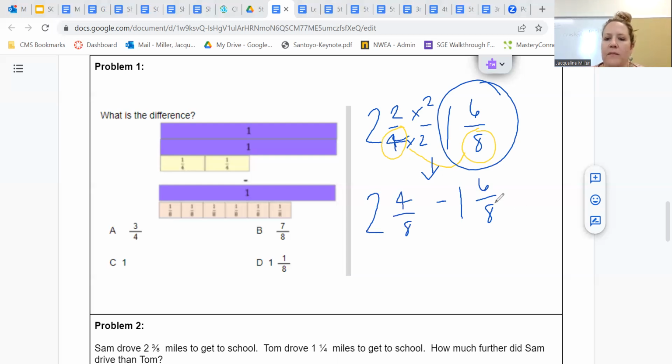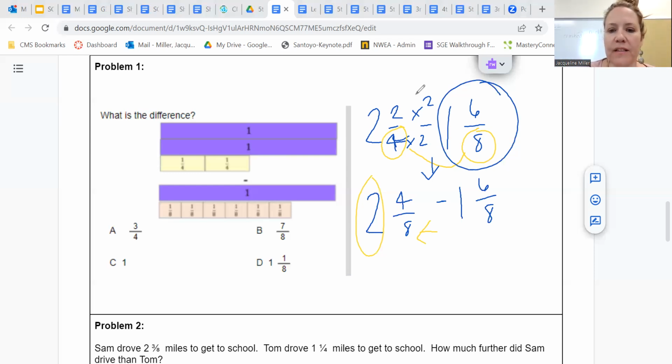So now we have that problem set up, but then when we look again, we cannot take away 6/8 from 4/8. So this is when we have to borrow again. Since this whole right here, this 2, is made of 8, 8/8 makes that whole, we're going to borrow.